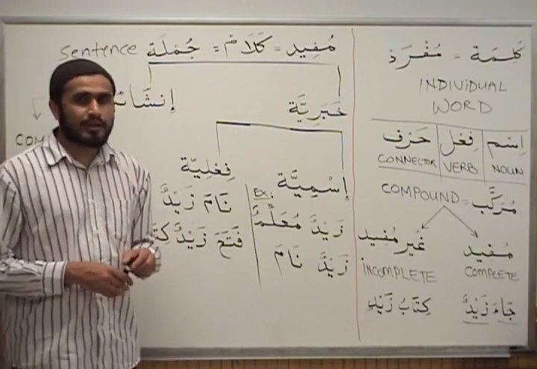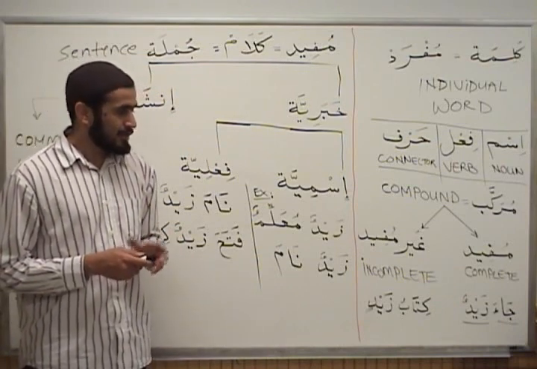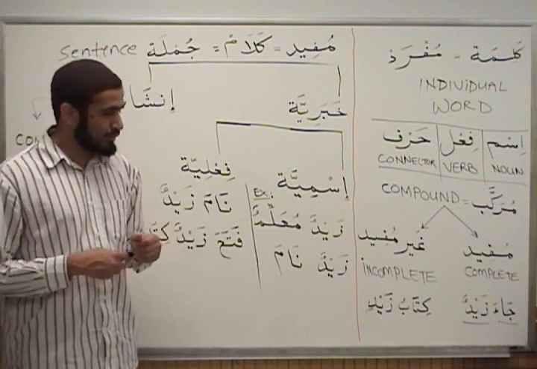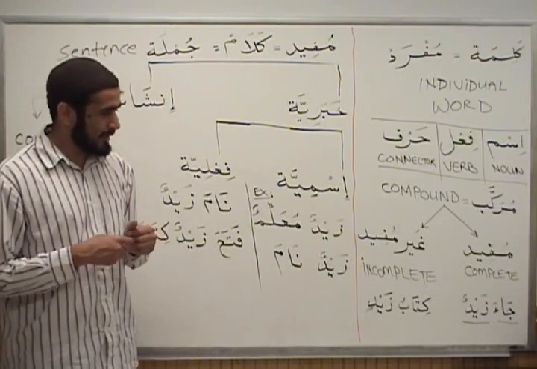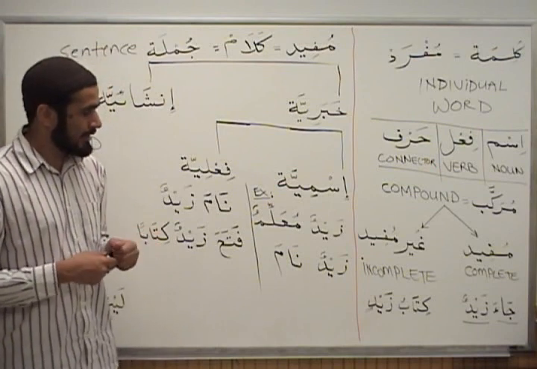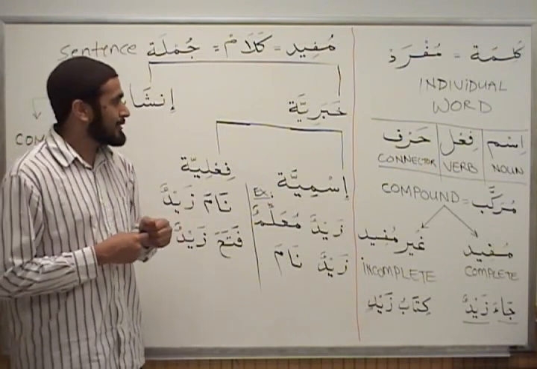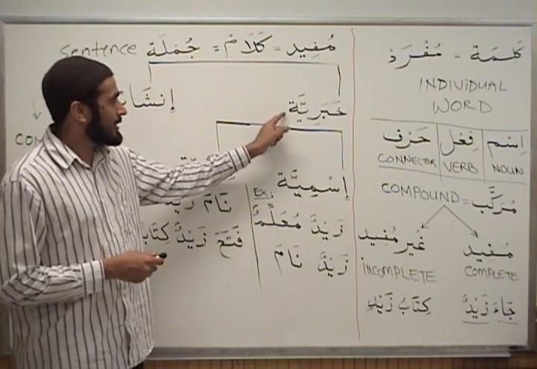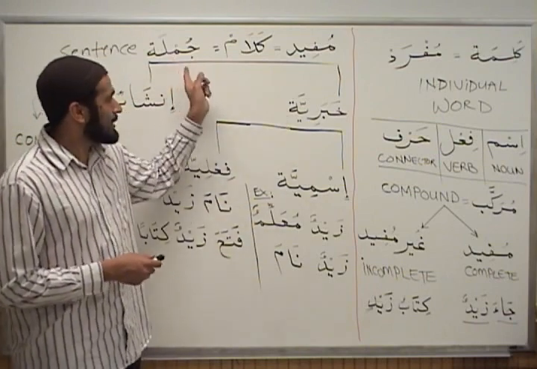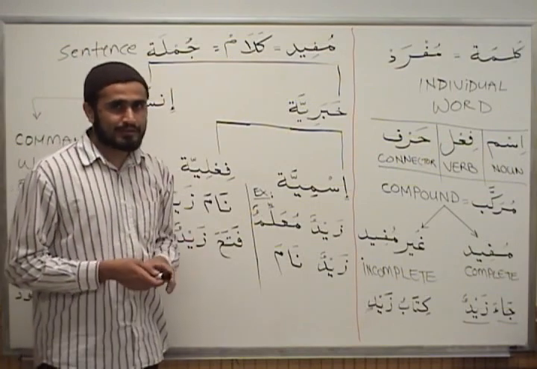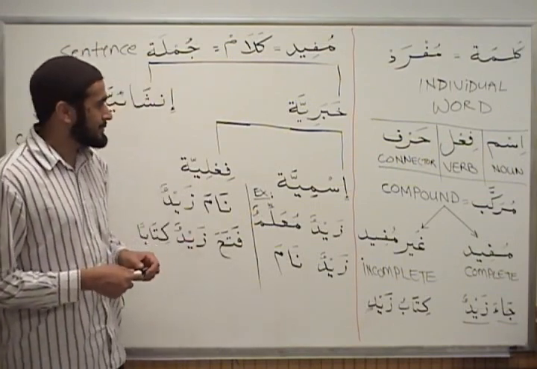When someone says Ja'a Zaydun, you can say it's true or it's false. They can be telling the truth, or they can be making this up, and it could be a lie. So if you could say that about a sentence, that kind of sentence is called jumla khabariya. This is either true or false.